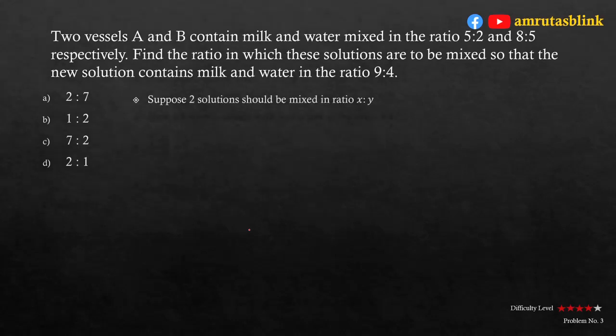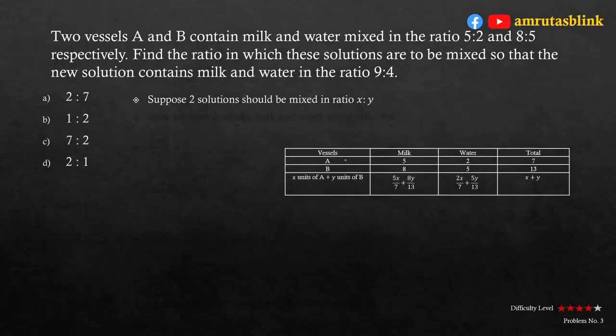Now there are 2 vessels A and B. Both the vessels contain a mixture of milk and water, but vessel A has milk and water in the ratio 5:2. So suppose there are total 7 units. So out of 7 units there are 5 units of milk and 2 units of water. Similarly, in vessel B, if there are 8 plus 5, that is 13 units, you have 8 units of milk and 5 units of water.